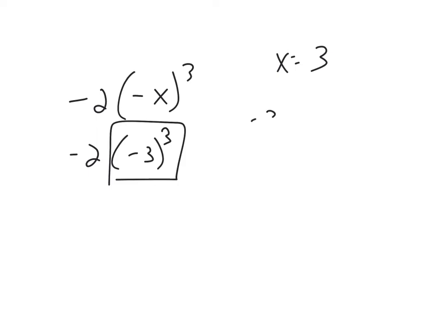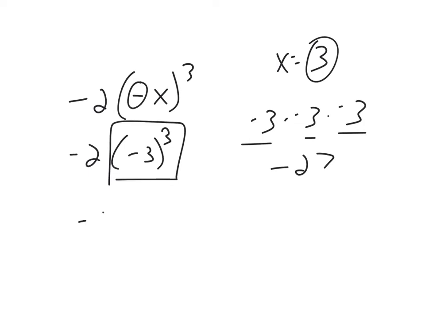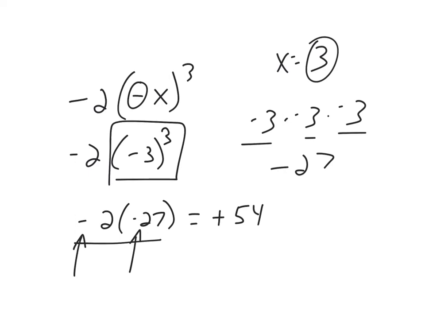And we said that negative 3 times negative 3 times negative 3. And yeah, I know this is a positive 3, but what's this sign right here? So each of these has to be negative. That's going to be a negative 27, right? So then 27 times 2 is 54. Now, is my answer positive or negative? Well, I got 1, 2 negatives, so my answer is positive, okay?